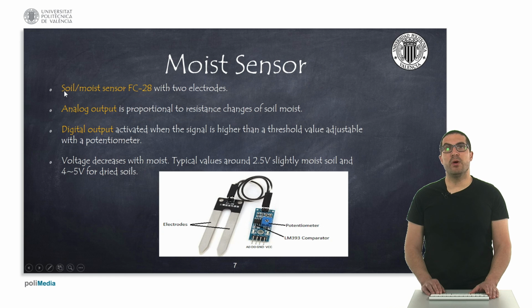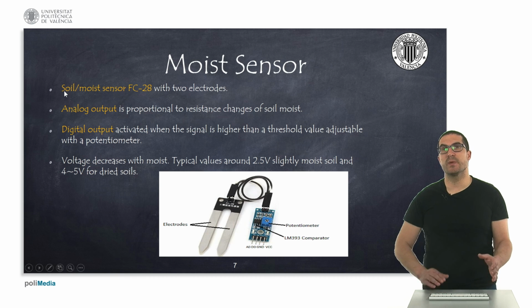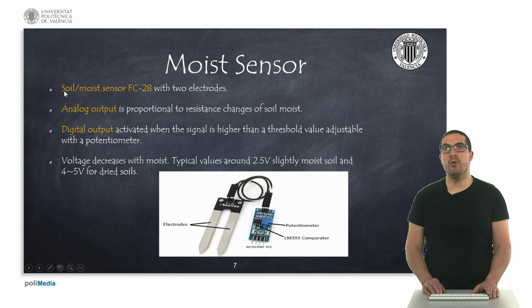Then we have the moist sensor. We use this sensor to measure the humidity of the soil. It provides an analog output, so this signal is proportional to the resistance changes of the soil moisture. And together with the provided electronics, we have also a digital output.